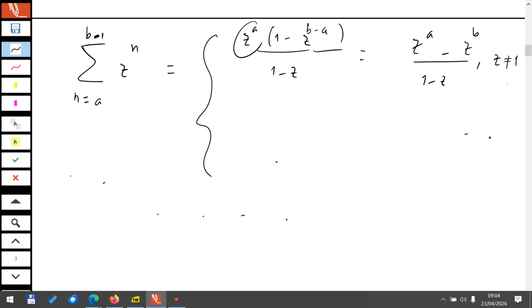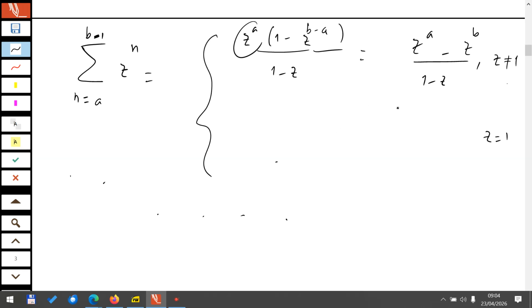So when Z is equal to 1, what do you get here? What happens when Z is 1? Don't apply L'Hopital's rule, okay? That is stupid. You know that is stupid.